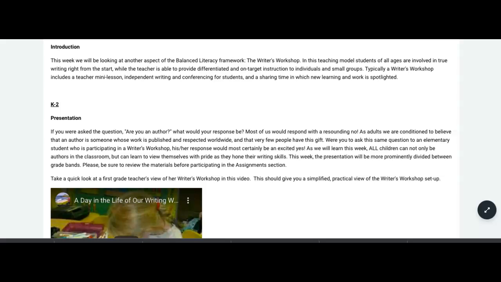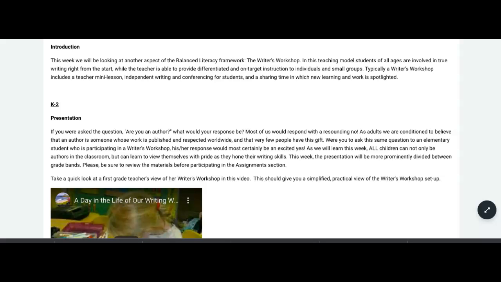Typically, a writer's workshop includes a teacher mini lesson, and there are 4 types of mini lessons, which I will talk about in a moment. The writer's workshop has independent writing and conferencing for students, and a sharing time in which new learning and work is spotlighted.